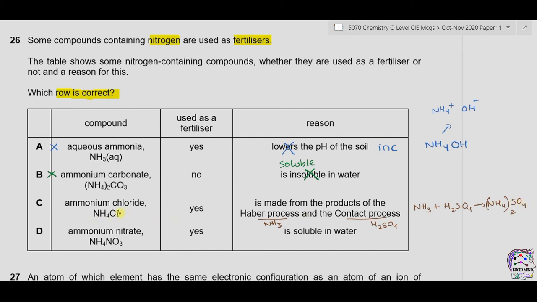As C is ammonium chloride rather than ammonium sulfate, C is also incorrect. D is ammonium nitrate. It is used as a fertilizer because it is soluble in water. So ammonium nitrate is used as a fertilizer and it is also soluble in water, as we know that all ammonium salts are water soluble. So D is correct. The answer is therefore D.